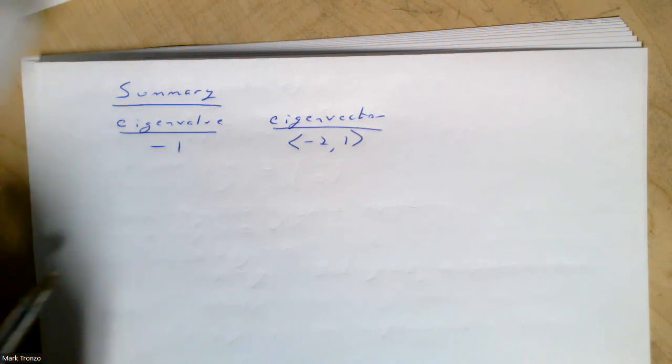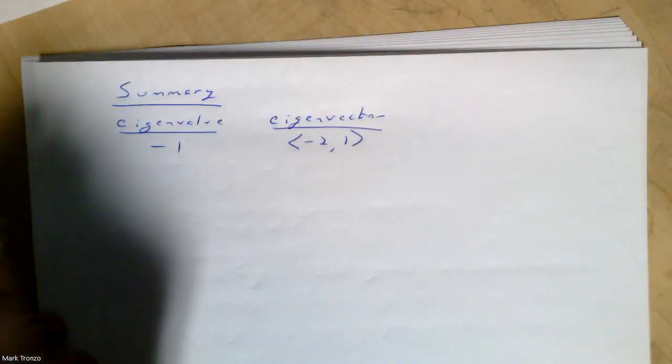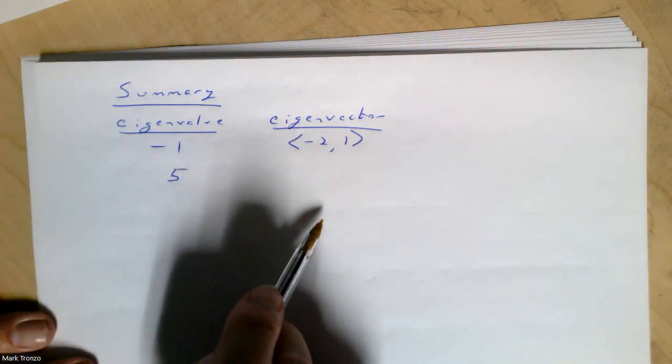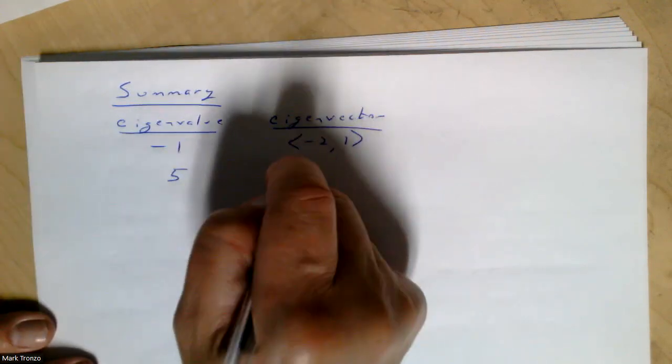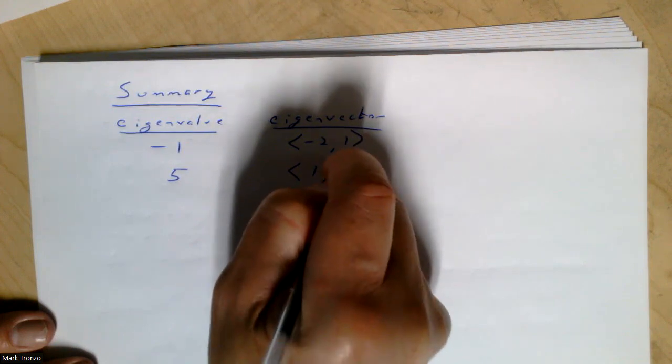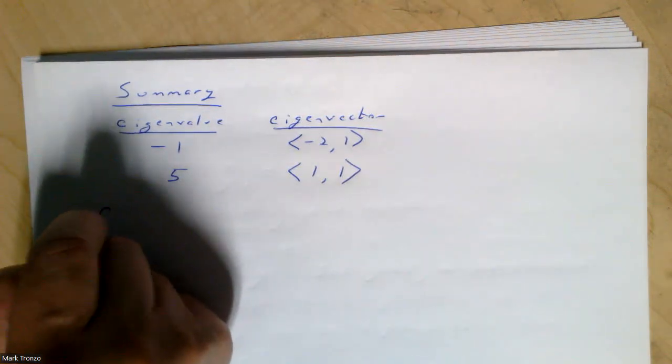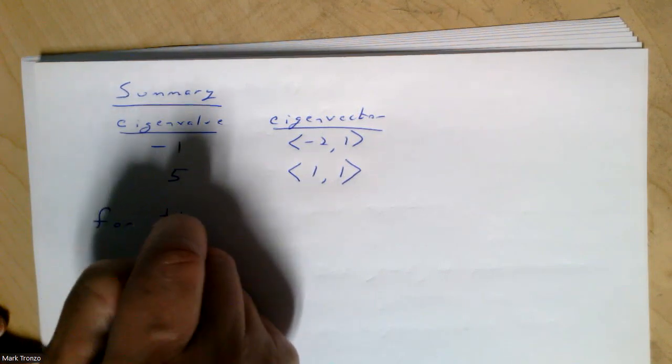And then the eigenvalue 5 is associated with eigenvector 1, 1.